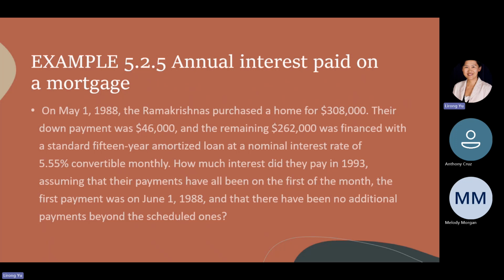So here it's really what we're trying to calculate. The question is something that we haven't really focused on in the previous examples. So in this question, we want to know how much interest we pay for that year. So the implication of this question is we're actually not paying the same amount of interest every year.